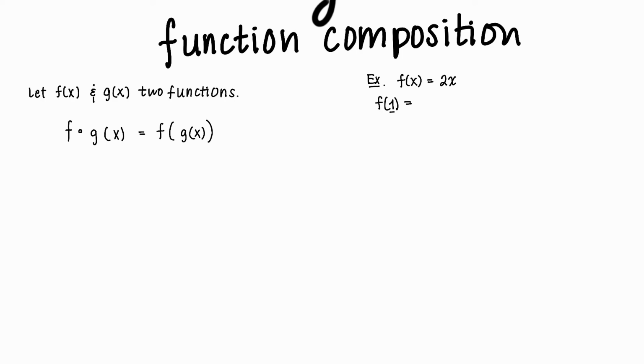Right? You plug in 1 for every x that I see in f of x. So I get 2 times 1, which is 2. We're doing almost exactly the same thing here, except instead of plugging in a number everywhere where I see an x, I'm going to plug in a function g of x.